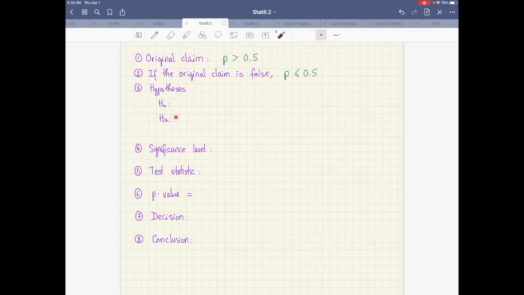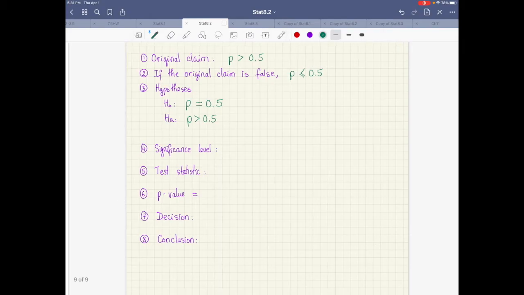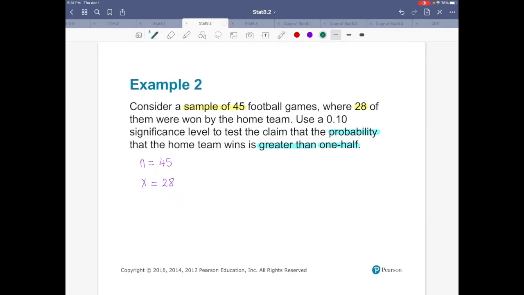For my hypotheses, from these two statements, the one that does not have the equal sign is going to be my HA, and my H0 always contains the equal sign. For the significance level, I go back to my problem. They told me to use a 0.10 significance level, so alpha is 0.10. Again, if alpha is not given, always use 0.05.